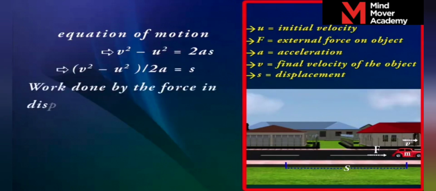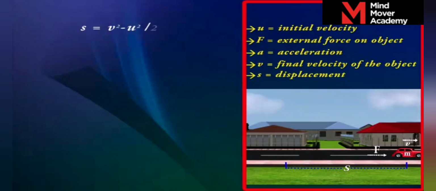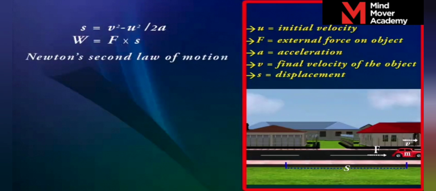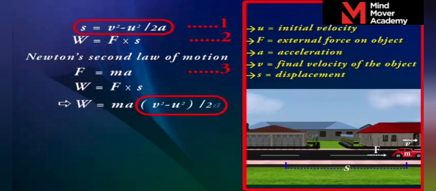Work done by the force in displacing the body through a distance s, that is, W = F × s. Also, from Newton's second law of motion we have F = ma. Thus from equations 1, 2 and 3 we get W = ma × (v² − u²)/2a.